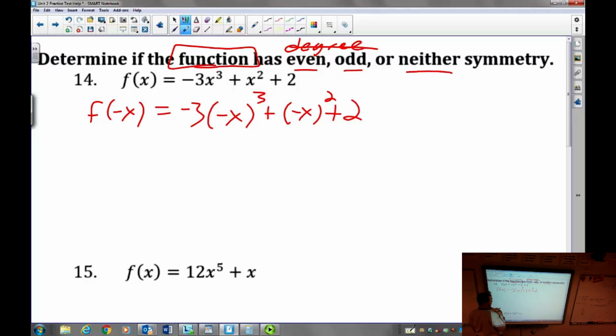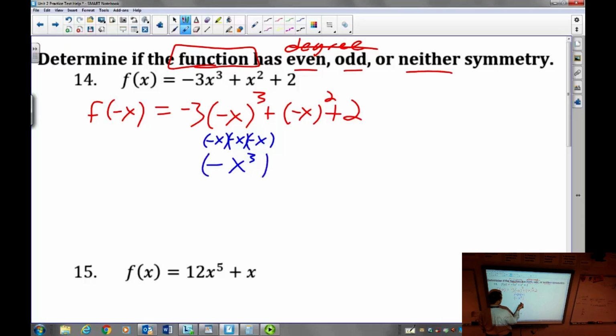And there we go. And then what we're going to do is we're going to go ahead and simplify that and see what we get. And so this is the same as negative x times negative x times negative x is what we're multiplying there. And so negative times negative is a positive times a negative is a negative. X times x times x is x cubed. So that negative is what that becomes.